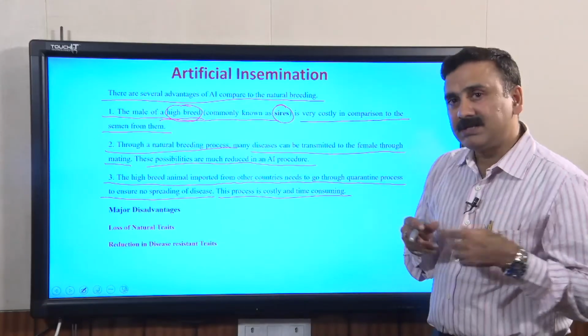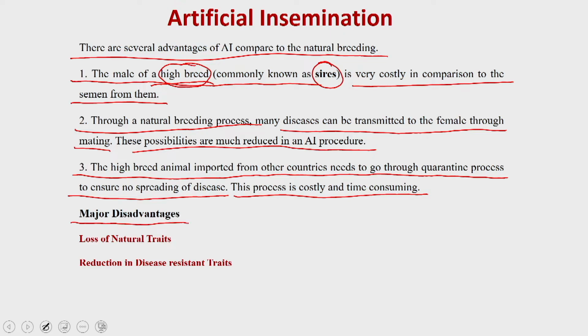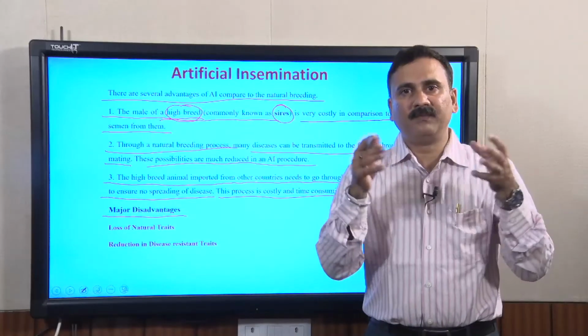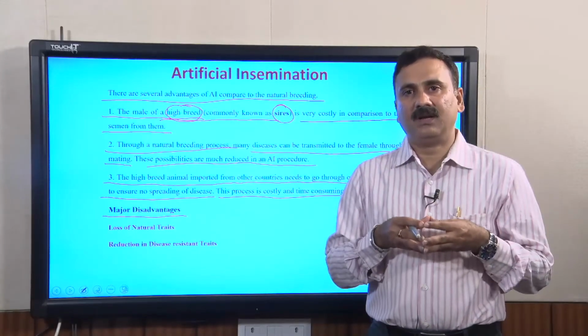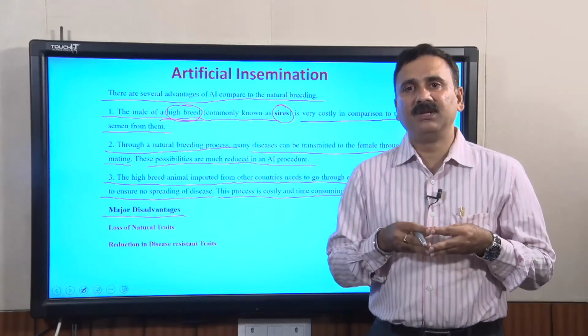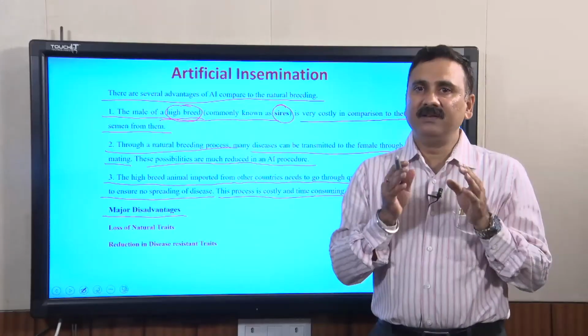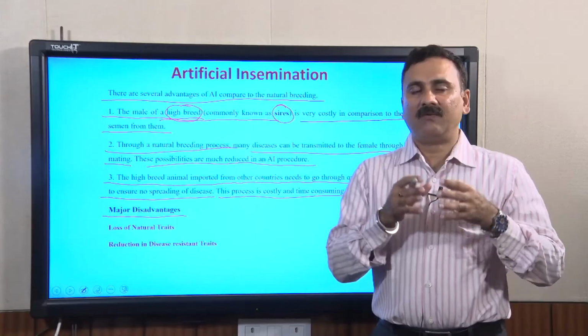But there are disadvantages of artificial insemination. What are these disadvantages? See, we are living in a country where we have inbred animal species, and the major advantage of these inbred animal species is that they are very resistant to the diseases which occur in our environment.